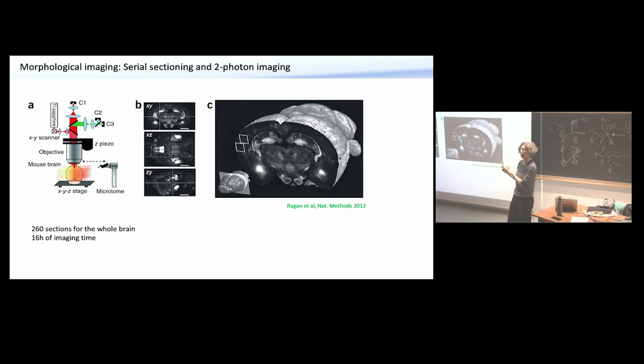This is not for in vivo imaging. This is for samples where the brain has been extracted and fixed with PFA, and you just want to know the connections, what was fluorescent in your sample. So you put your fixed brain underneath your microscope, image the first section, peel it, image the second section, peel it, and in this way collect the whole brain.